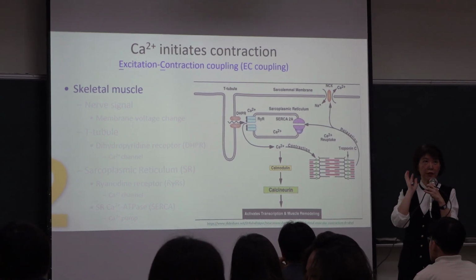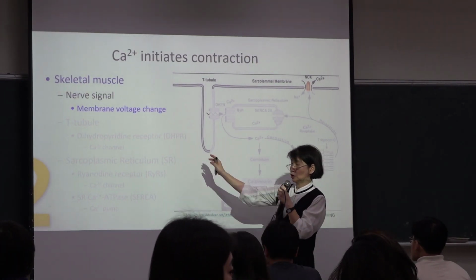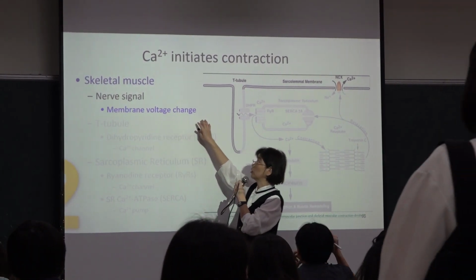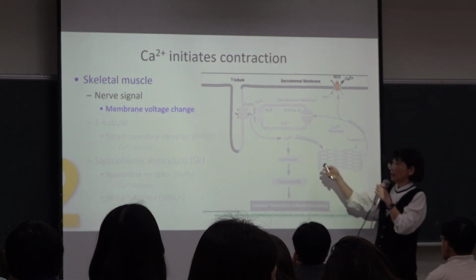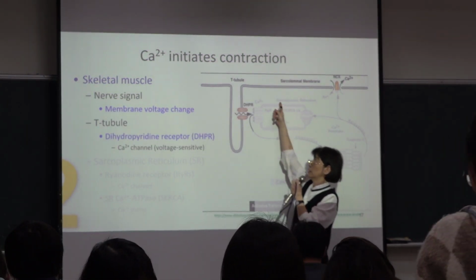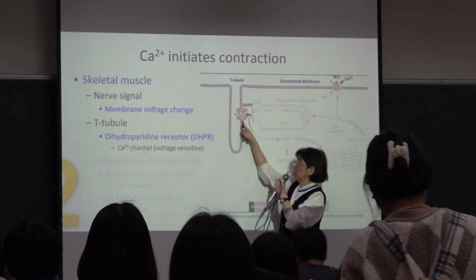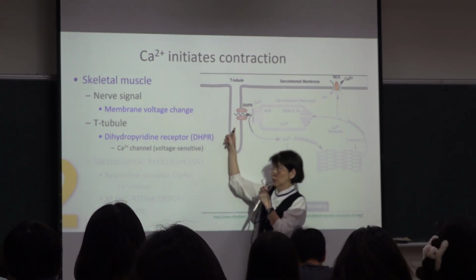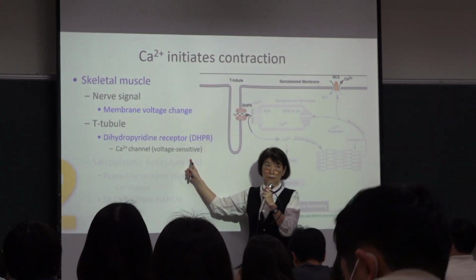So when the nerve signal comes, it changes the membrane voltage of your sarcolemma. And on the T-tubule, which is continuous with the sarcolemma membrane, there's an ion channel, a calcium channel that is voltage sensitive.